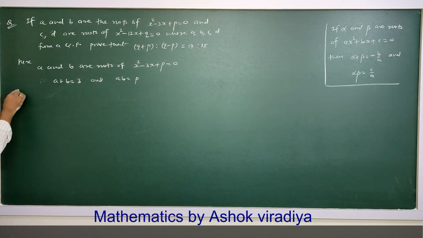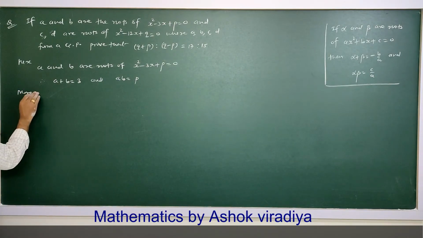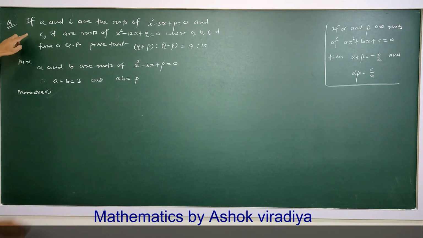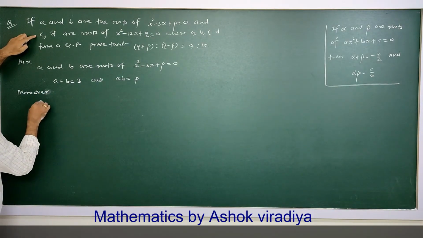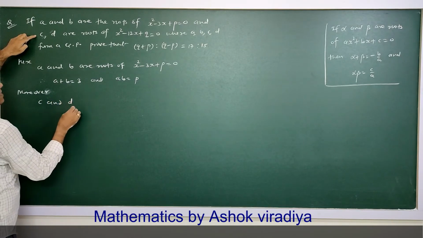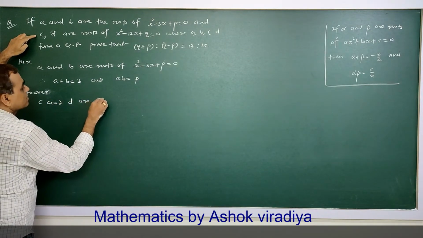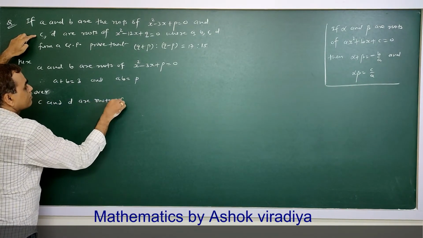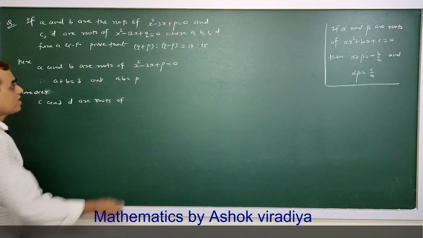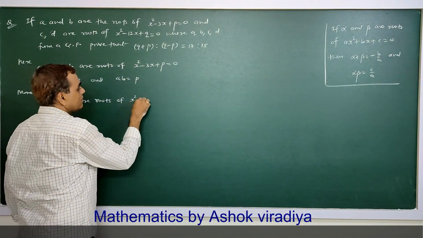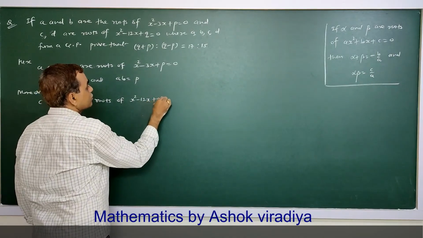Moreover, C and D are roots of x square minus 12x plus q equal to 0.